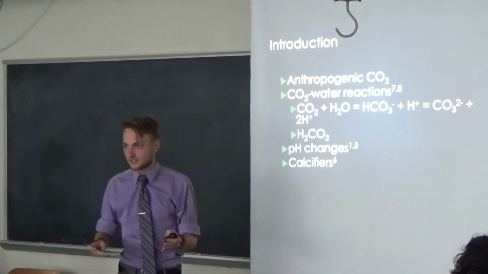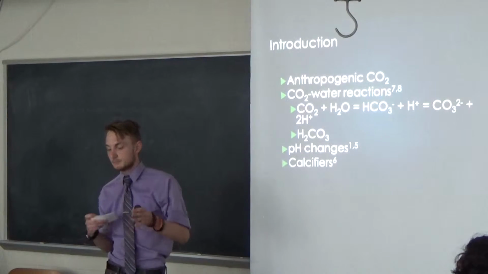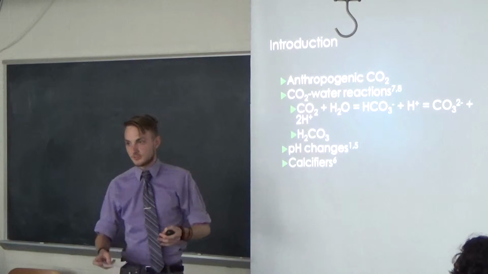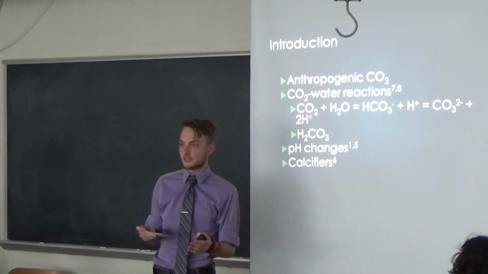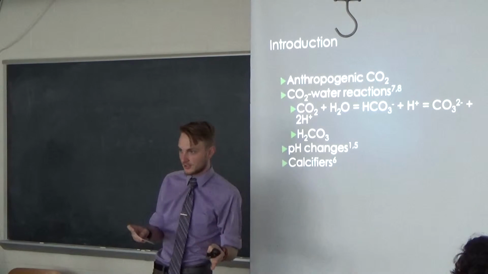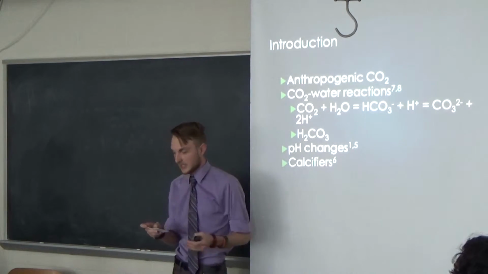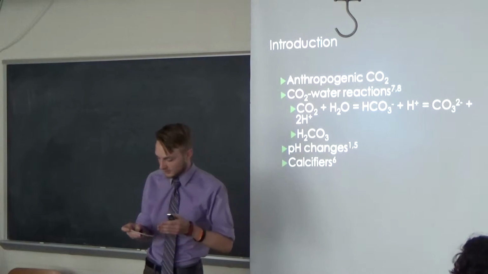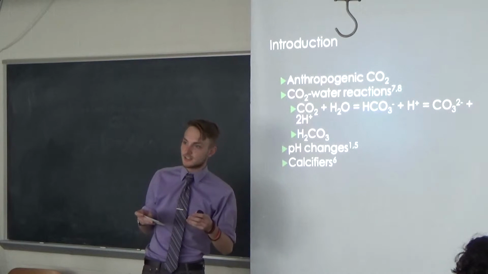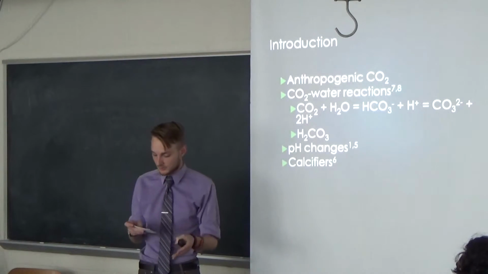In the pre-industrial era, CO2 in the atmosphere was rated at 280 parts per million, whereas today it's around 400 parts per million, which is a drastic increase over such a short time period of only about 200 or so years. Now, the oceans have apparently absorbed almost half of the carbon dioxide that we've released since then due to burning of fossil fuels.